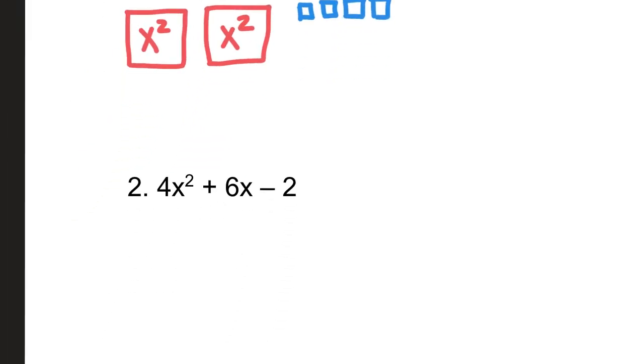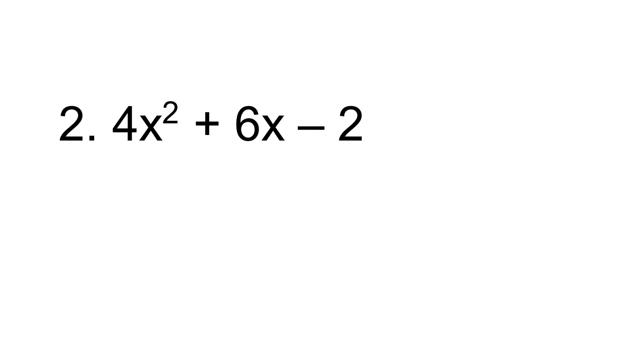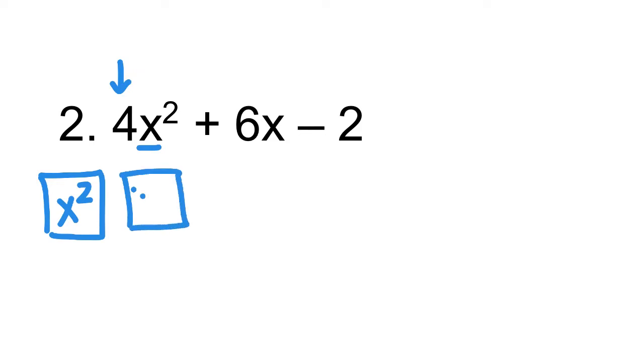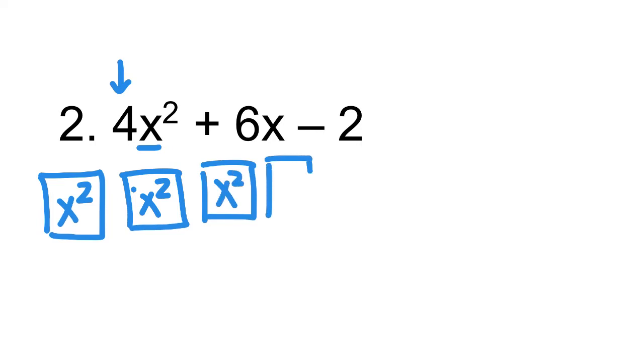Let's go on to the next one. Again, the coefficient 4 tells you how many of the term there is. So this one is x squared, and there are 4 of them. And they should look like squares. The next one is 6 times x.